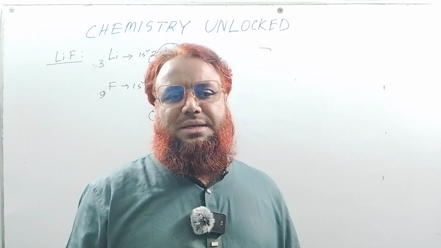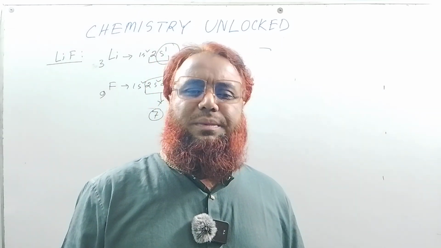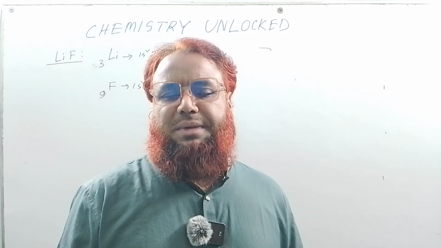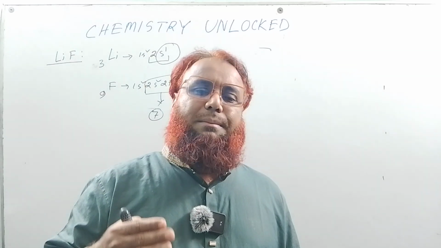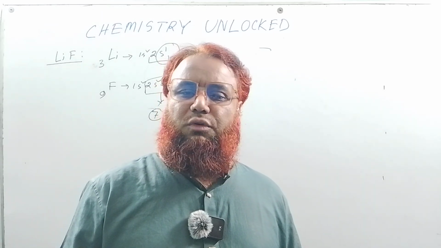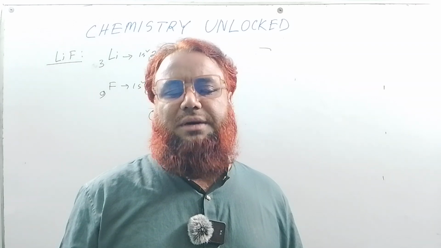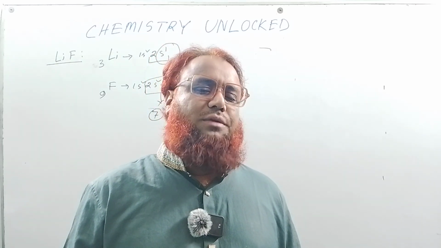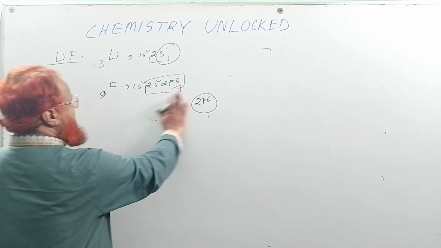In case of non-metals, the number of electrons received by a non-metallic atom will be its valency, or the number of electrons shared by the non-metallic atom will be its valency. So, number of electrons donated is the valency for metals; number of electrons received, or shared, is the valency of non-metals. Okay. So, try to understand through the example.